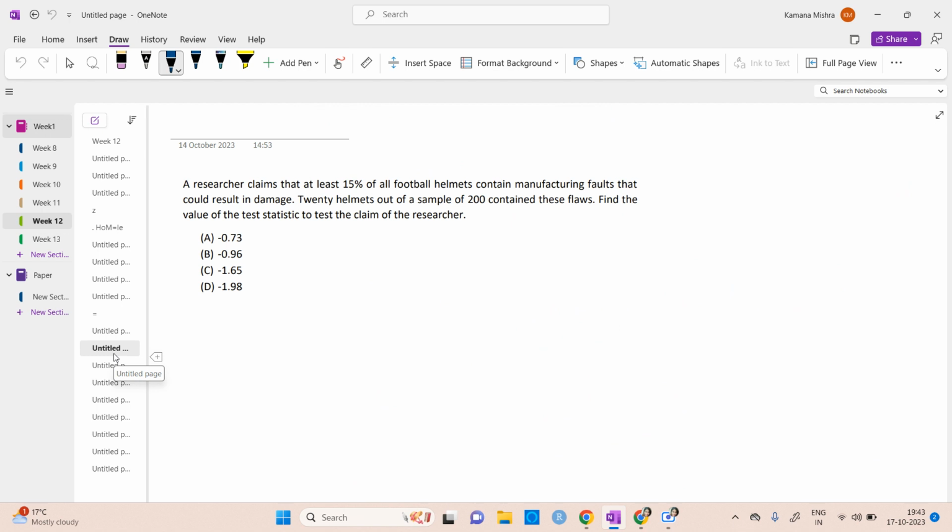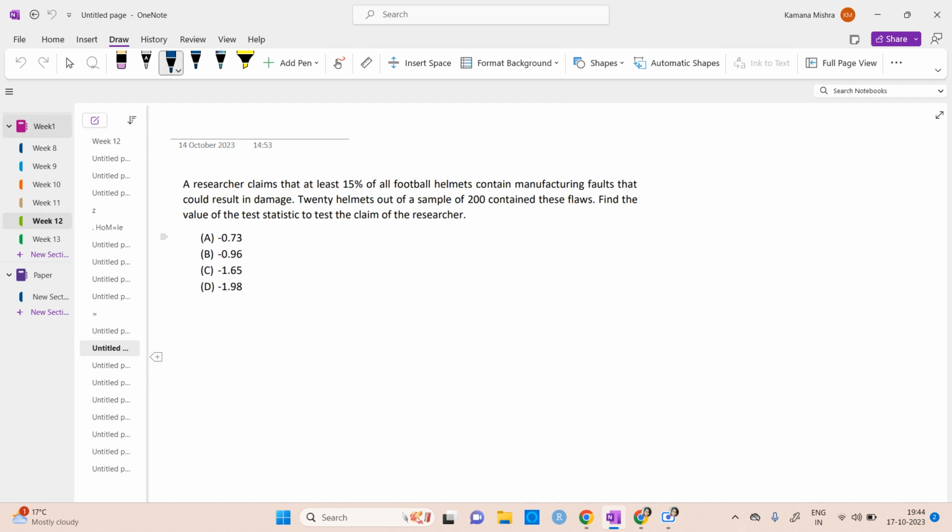We take a sample of 200 helmets, and 20 of them contain these flaws. We need to find the value of the test statistic to test the researcher's claim.